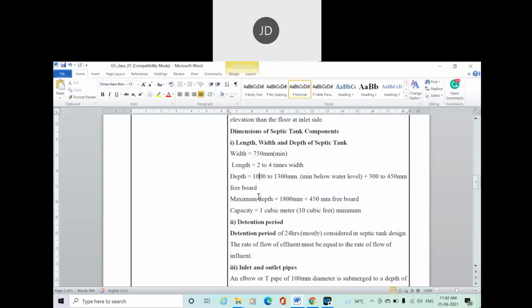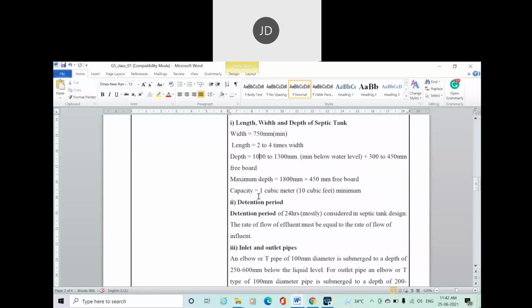Fine. After that, let's discuss detention time. We have already discussed that a minimum of 24 hours is required for a septic tank, so a detention period of 24 hours is mostly considered in septic tank design. The rate of flow of influent is equal to the rate of flow of effluent.